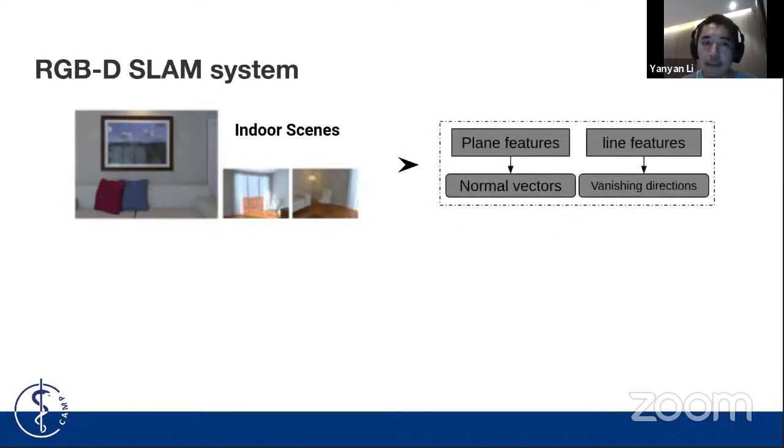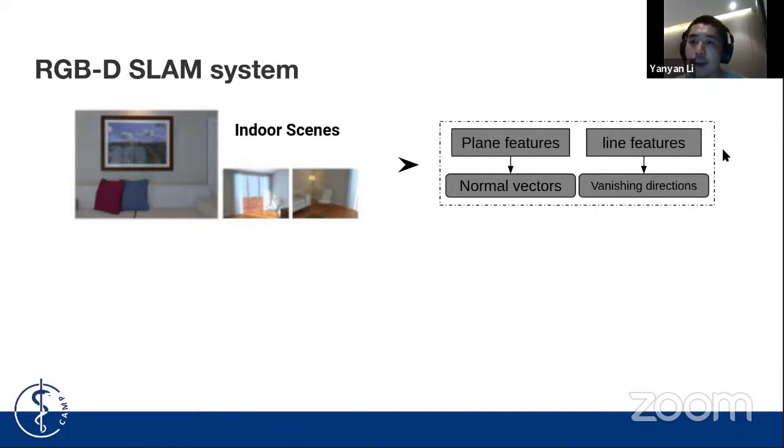In this part, since we can extract planes more easily, we also make use of normal vectors. But here we don't need to predict normal vectors with networks. We can use our depth map to compute normal vectors directly. It will be more accurate.